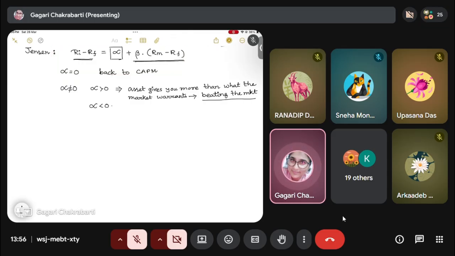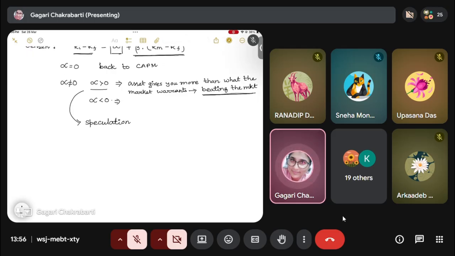Okay, so if alpha is greater than 0, then we say that the asset is beating the market. তার মানে মার্কেটের থেকে তুমি অ্যাসেটটাই বেশি পাচ্ছ। So that actually opens up some opportunities for speculation. কেমন? মার্কেট হলে মার্কেটে স্পেকুলেশন থাকবে, কিন্তু আলফা যদি লেস দ্যান 0 হয় তখন কি হবে? The asset is actually giving you less than what the market warrants.